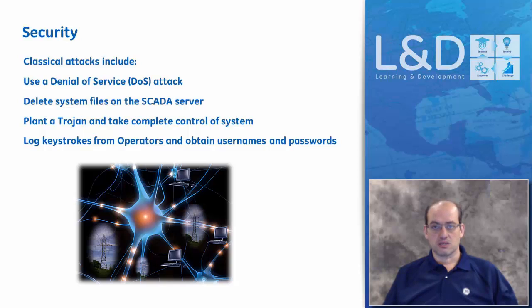Another malicious attack might be that somebody wants to get into the central management system, and one way to do it is by placing software that would record or log the keystrokes of the operator.